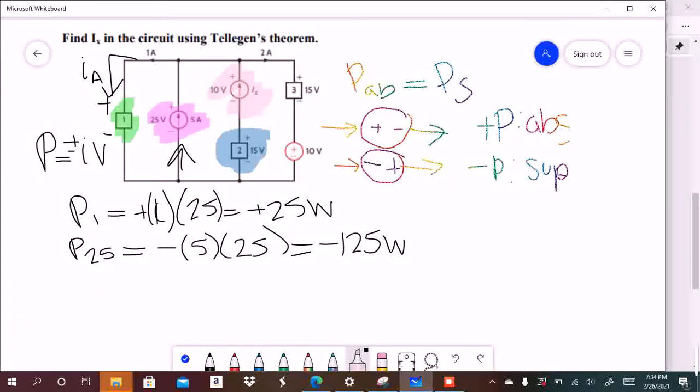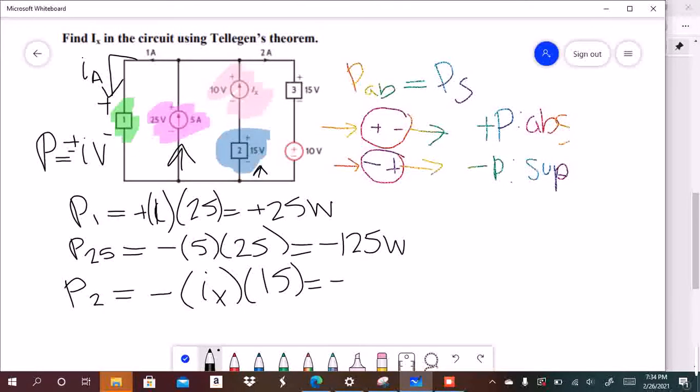So box 2 will also have a current of Ix to it. And the current would go through negative. The current is Ix, which is what we're solving for, and the voltage is 15. Negative 15 Ix.